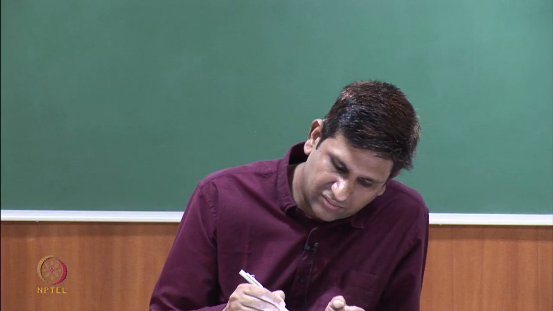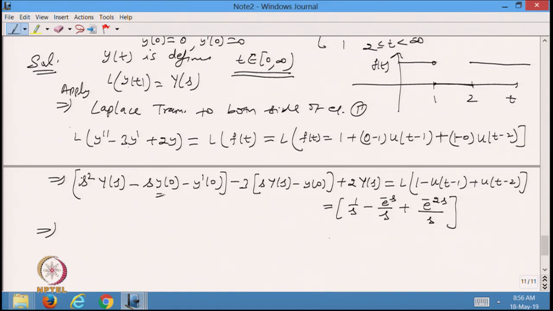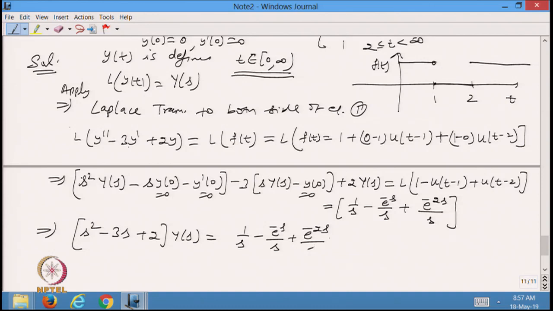So, from here I just find out the solution. This value is 0, this is 0, this is 0, that we have chosen to make it simpler. So, from here it will become s square minus 3s plus 2 times Ys. This is 0. So, we will get this value, and on the right hand side we will get this one.